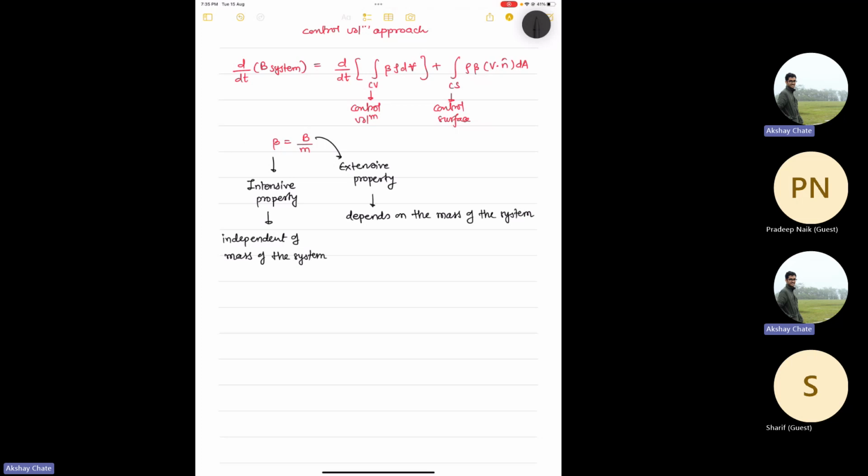Okay, the definition is fine, but can anyone tell me one example of an extensive property?